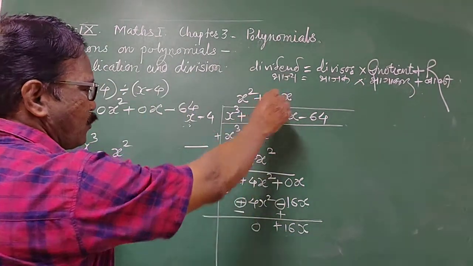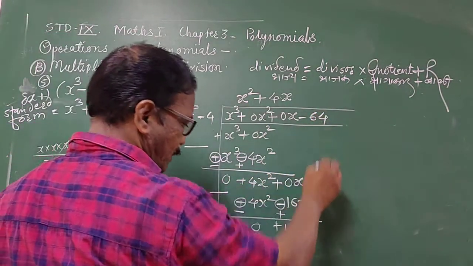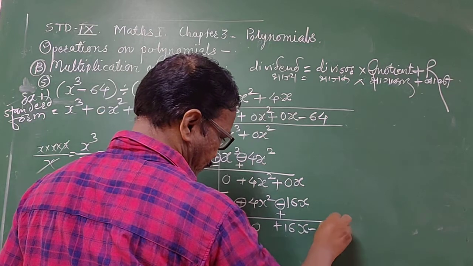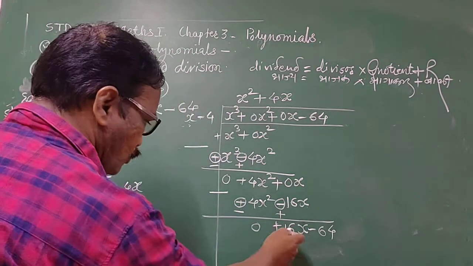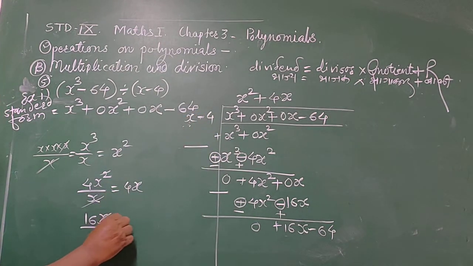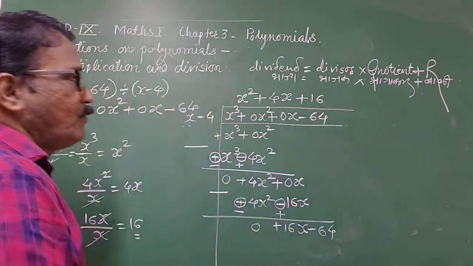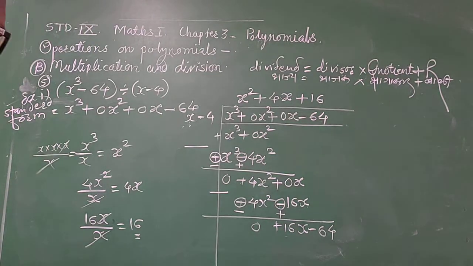So the second quotient is 4x, and the last term, that is minus 64. So 16x divided by this x, we get 16. So the third term or last term of the quotient is 16.